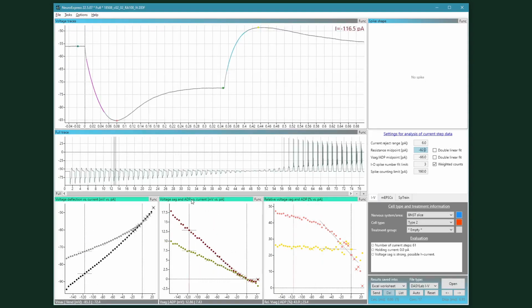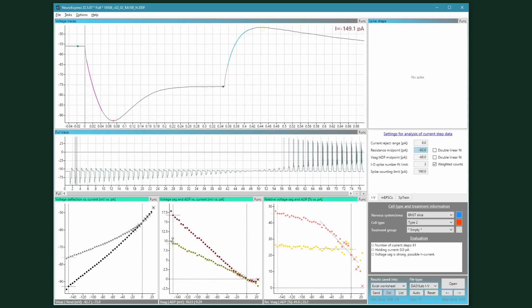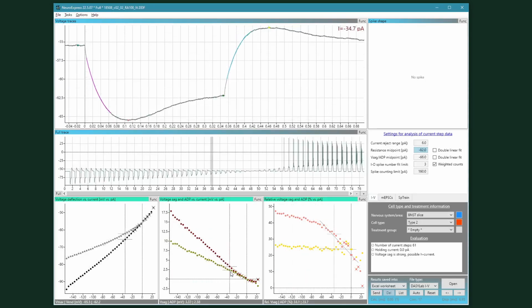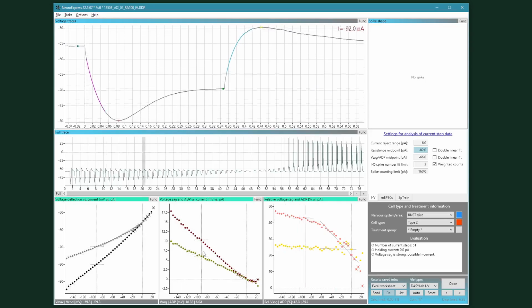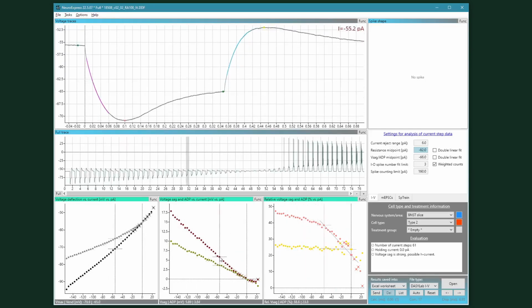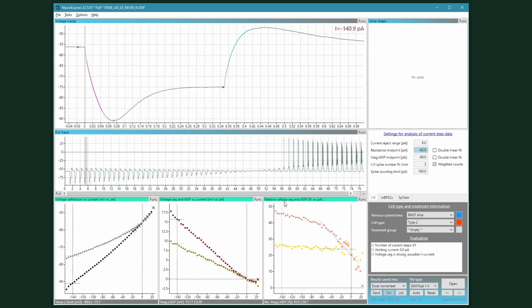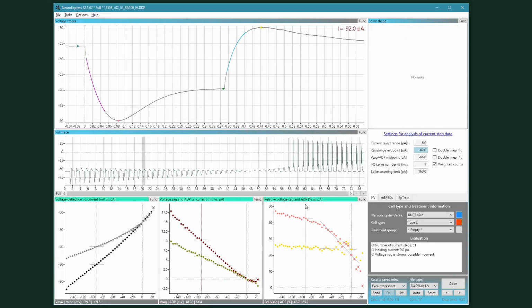It can also be called rebound potential. In this case, the rebound potential is slightly lower than the voltage sag, but quite often it is overlapping with the voltage sag trajectory. We can also calculate the relative voltage sag. This is a percentage of the sag potential relative to the maximum voltage deflection.